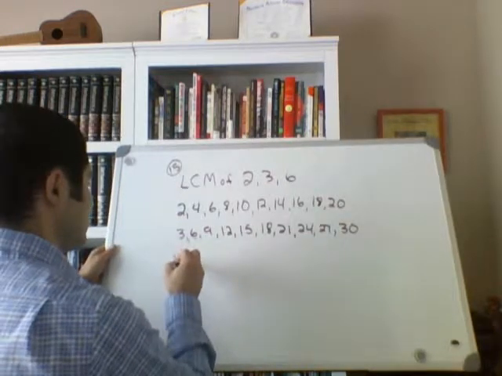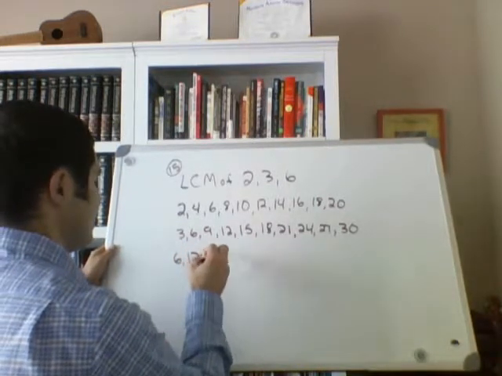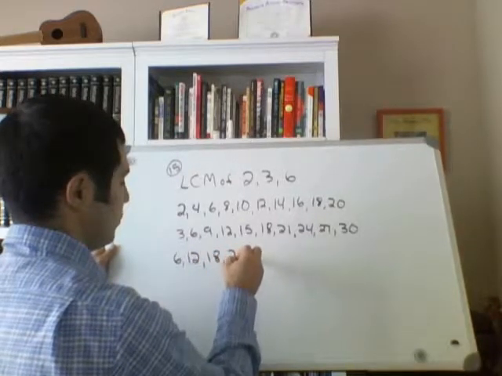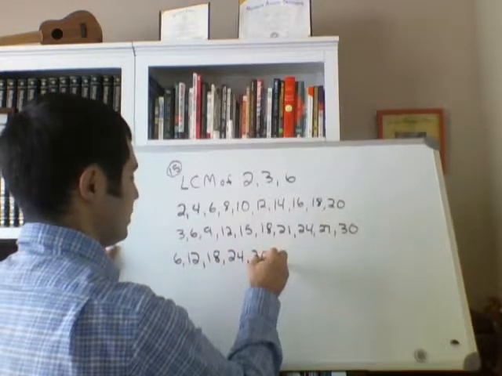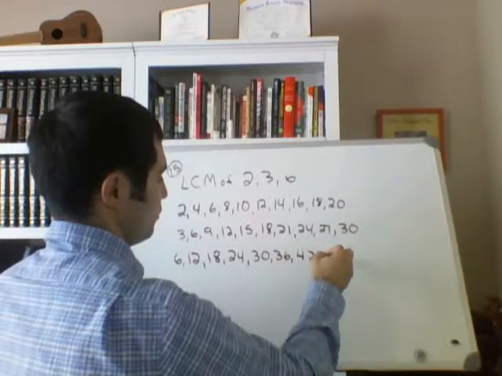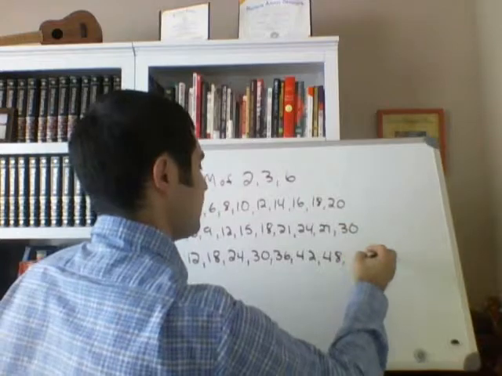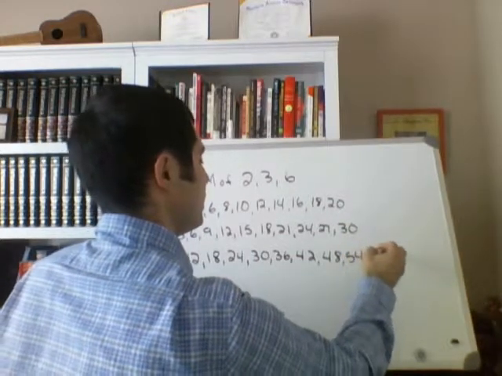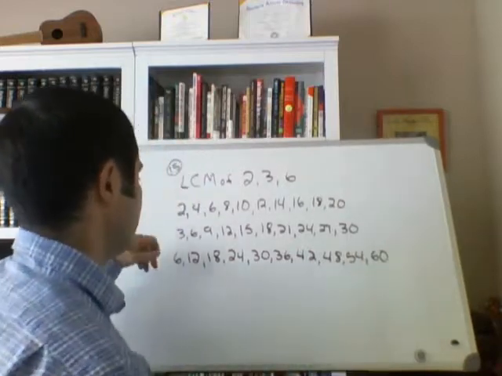Multiples of 6. 6, 12, 18, 24, 30, 36, 42, 48, 54, and 60.